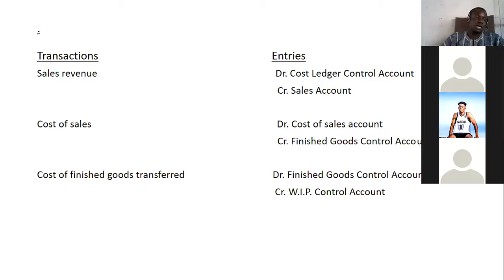I asked a question earlier on the items that ought to affect this account, and Shina told me that we'll have to credit that account with the cost of sales. So when we debit our cost of sales account, we credit the finished goods control account. I'll pause here and make room for questions.